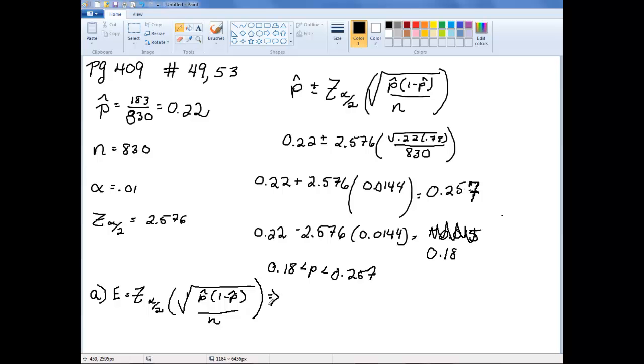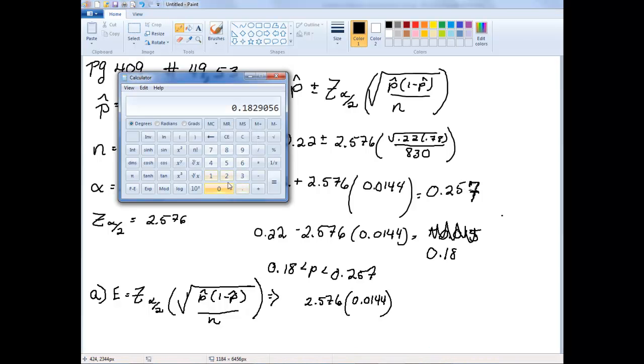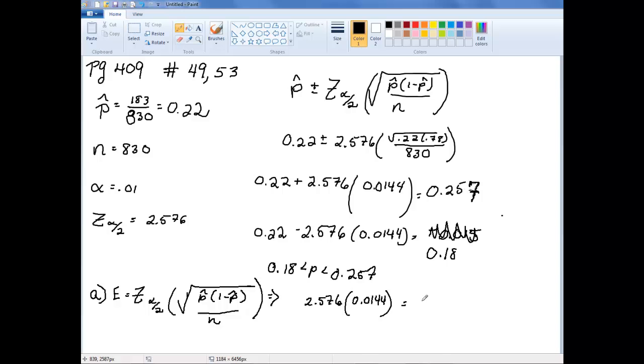So we know that our z is 2.576, and we know all of this equals 0.0144. So calculator time, 2.576 times 0.0144.